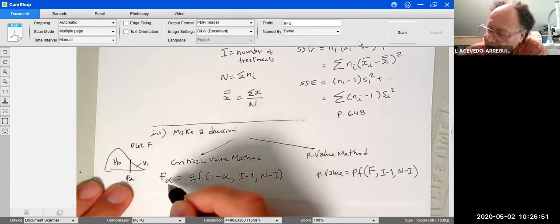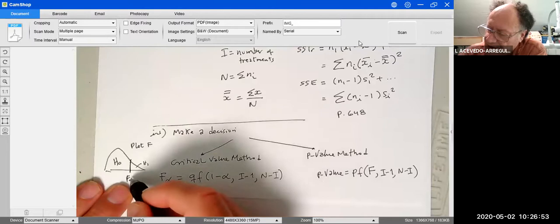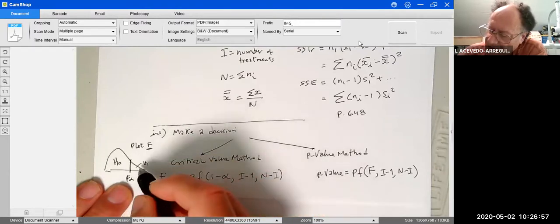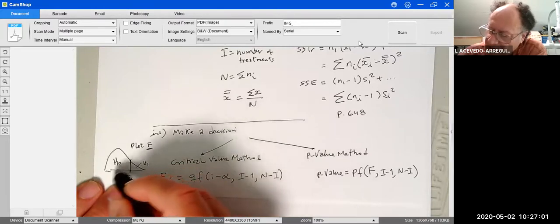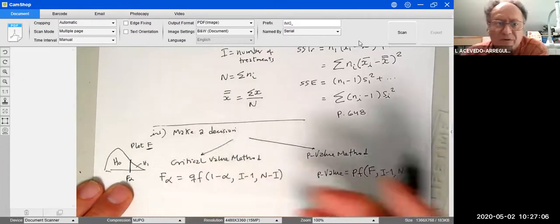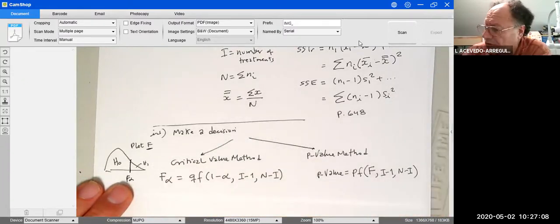Once you find your critical value f alpha, you're going to plot f, and see whether that value ends up in this region or in the other region, and with that information you're going to be able to reject the null or not.